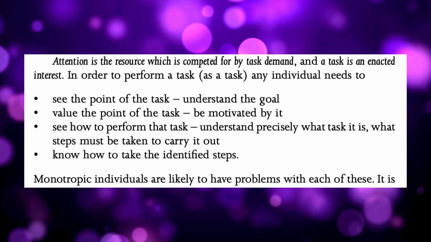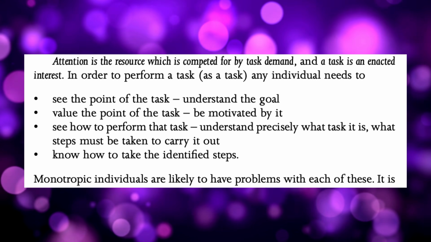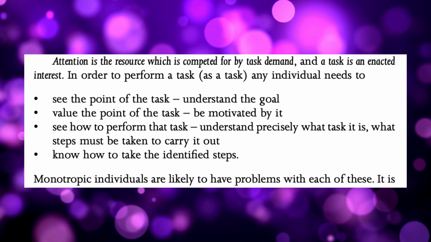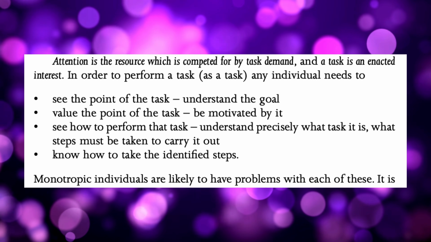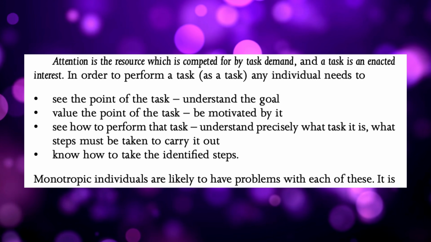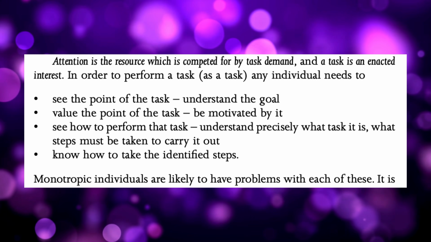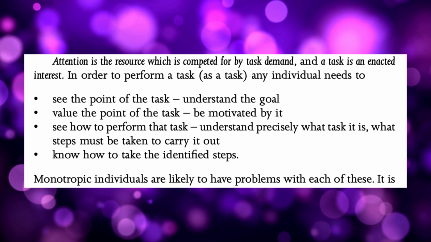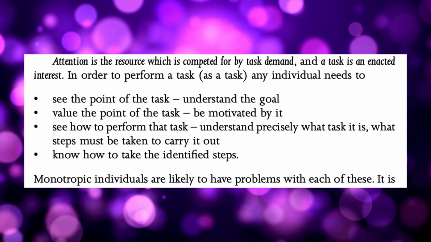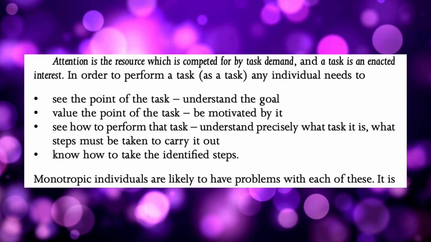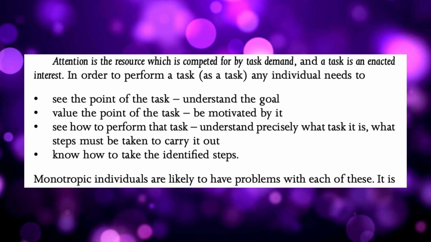Attention is the resource which is competed for by task demand, and a task is an enacted interest. In order to perform a task as a task, any individual needs to see the point of the task, so understand the goal, value the point of the task, be motivated by it, see how to perform that task, so understand precisely what task it is, what steps must be taken to carry it out, and know how to take the identified steps.